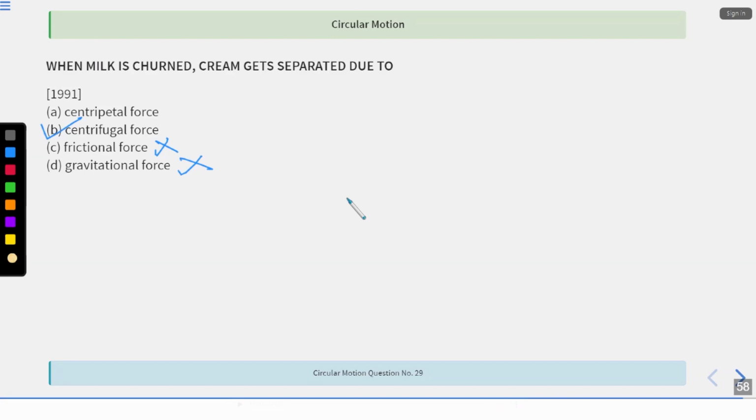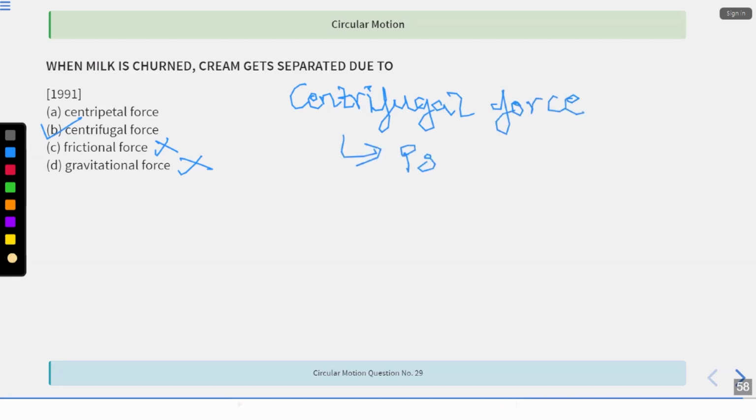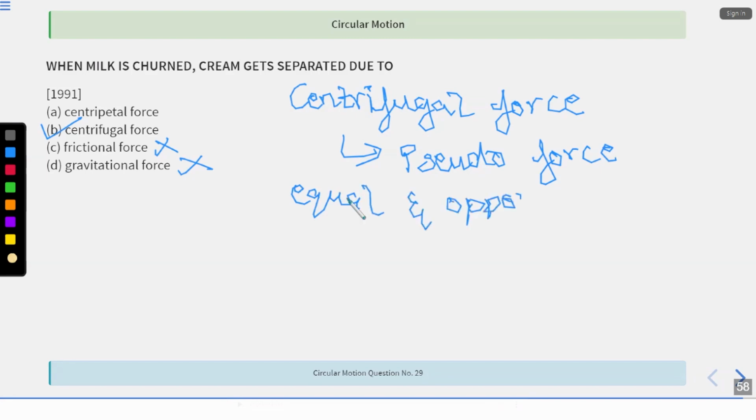But one thing that we need to remember is centrifugal force is a pseudo force and it is equal and opposite to centripetal force.